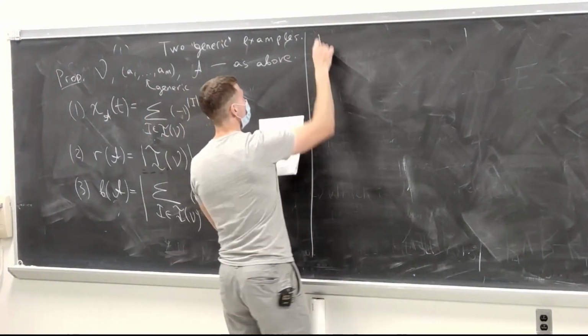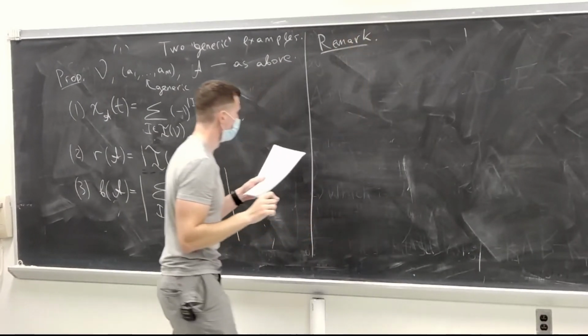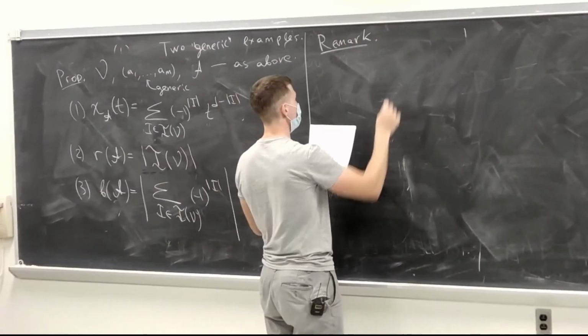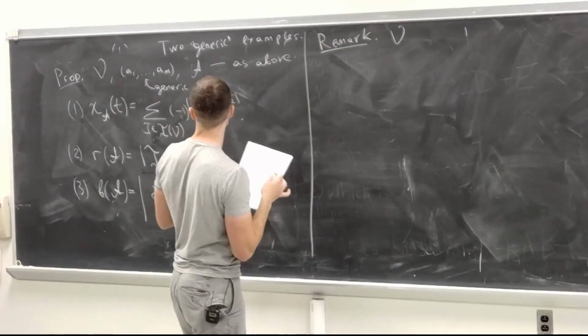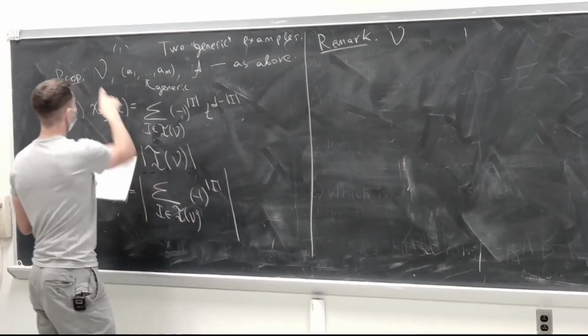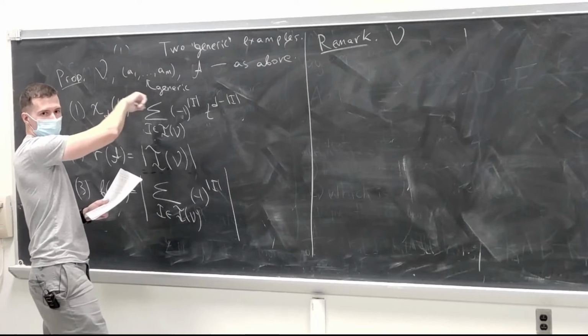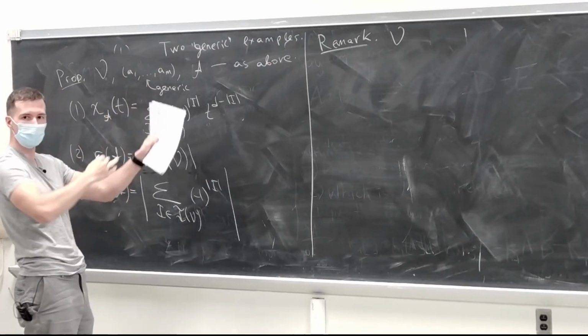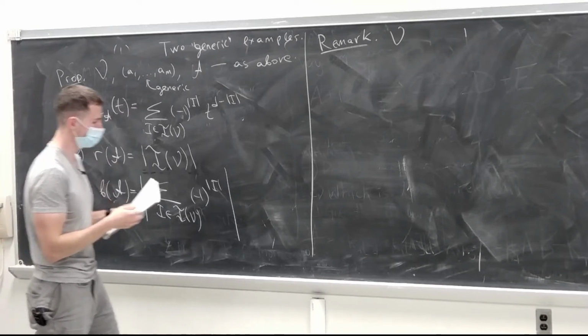So, remark. Let's say you have a vector configuration V. If you fix the vector configuration, then you can get many different generic tuples of shifts for the hyperplanes, and you get a whole bunch of different hyperplane arrangements.